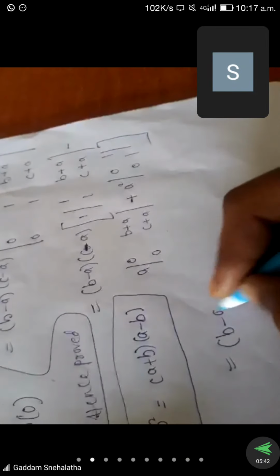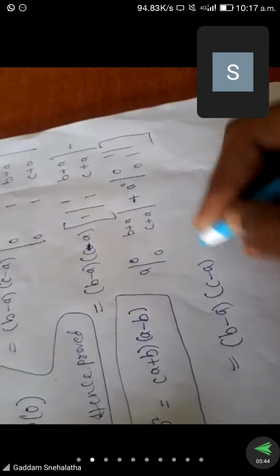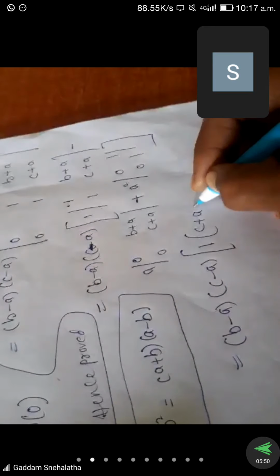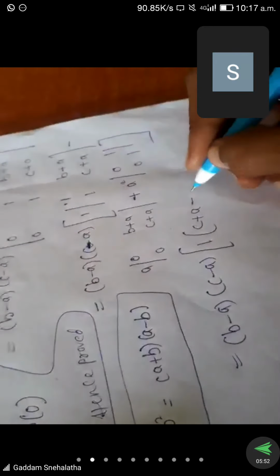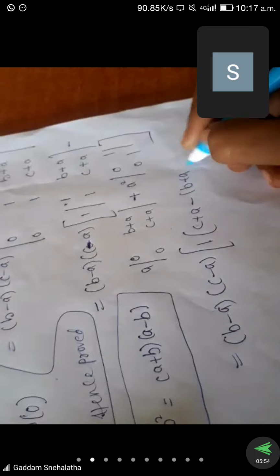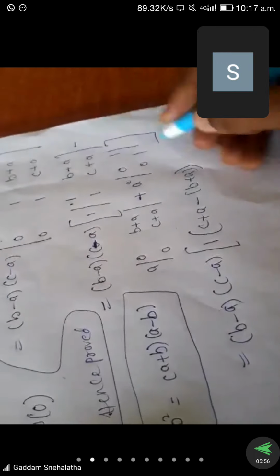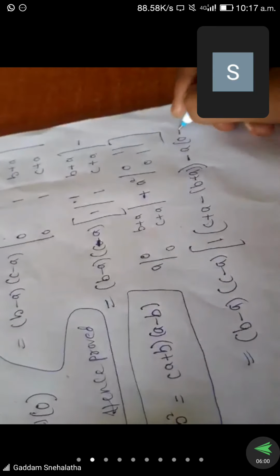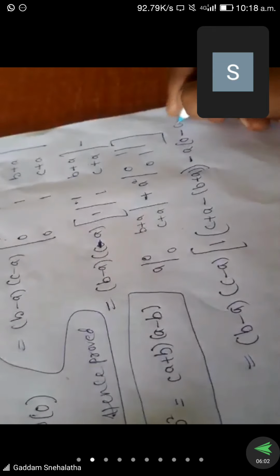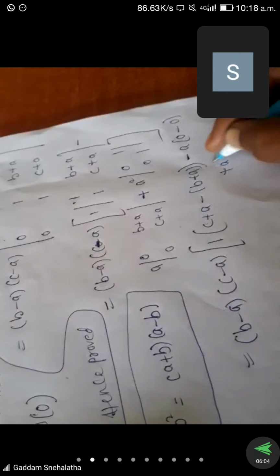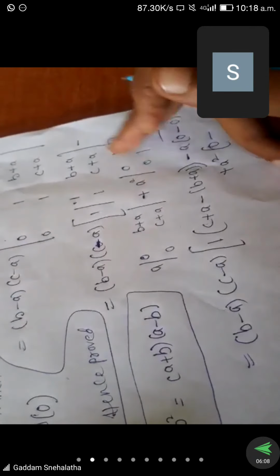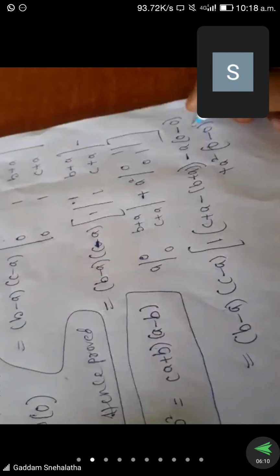B minus A into C minus A. So 1 into here: 1 into C plus A is C plus A, minus 1 into B plus A is B plus A. So minus A into 0 into C plus A is 0, minus 0 into B plus A is 0, plus A square of 0 into 1 is 0, minus 0 into 1 is 0.